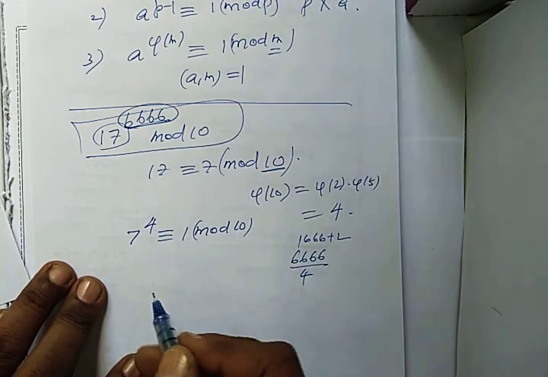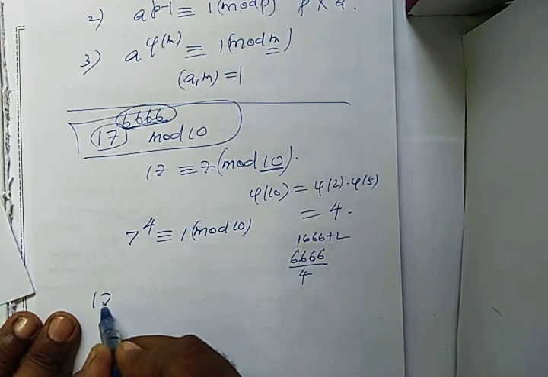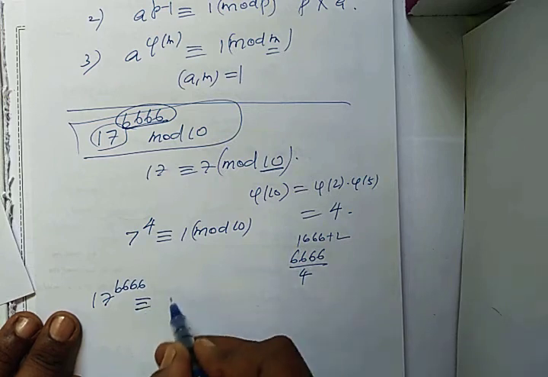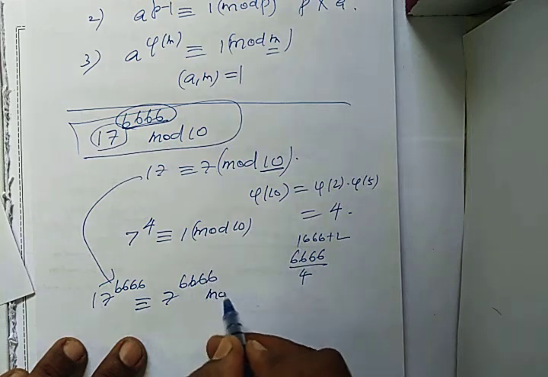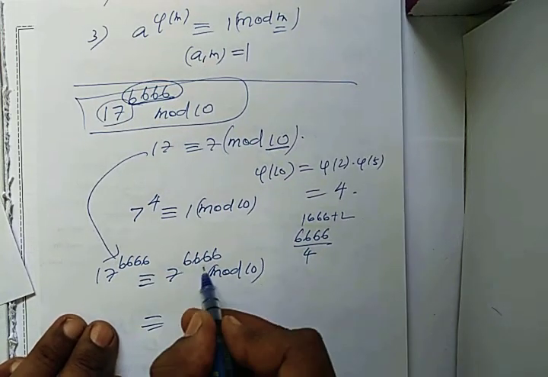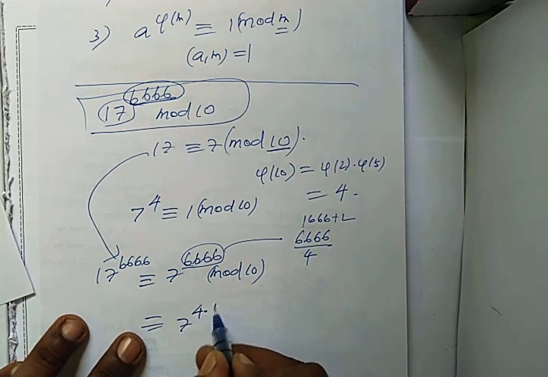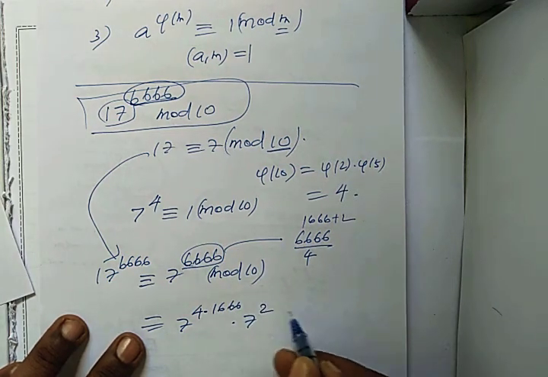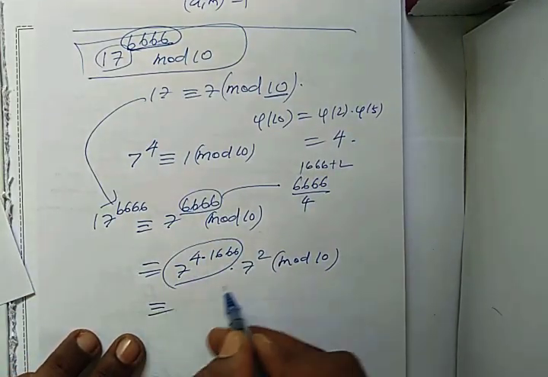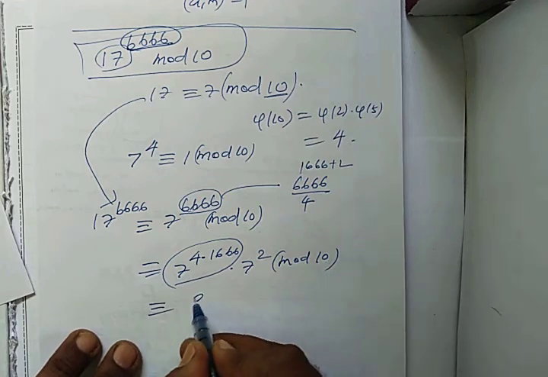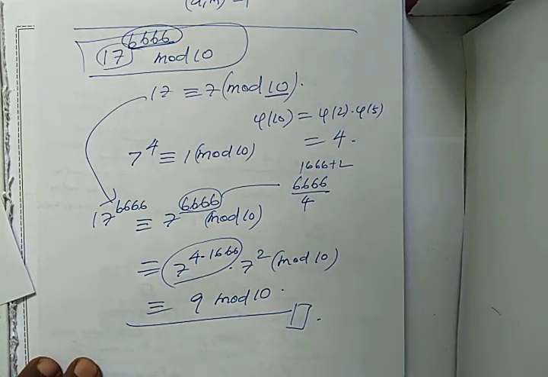So 17 power 666 is congruent to, from this line I am getting 7 power 666 mod 10, but this number is 7 power 4 times 166 into 7 square mod 10, but this is congruent to 1, so it is 49. 49 mod 10 is 9 mod 10. So we can find the remainder very easily in 3-4 steps.